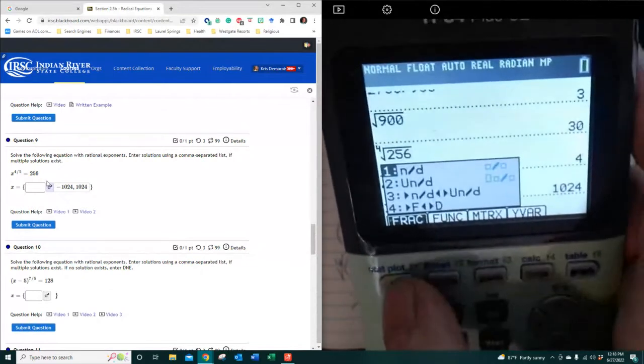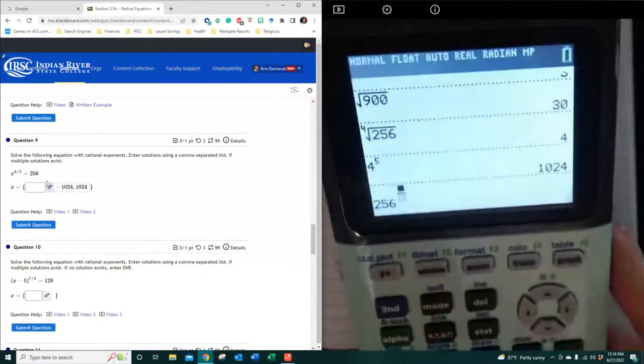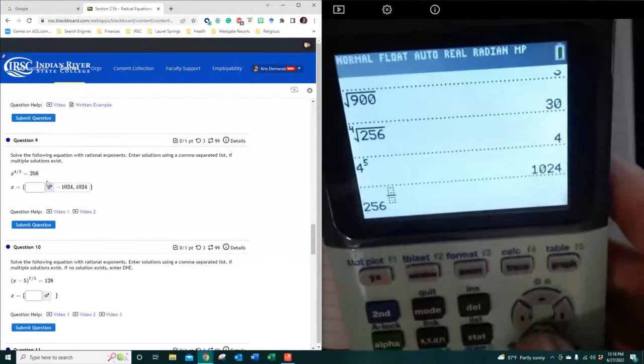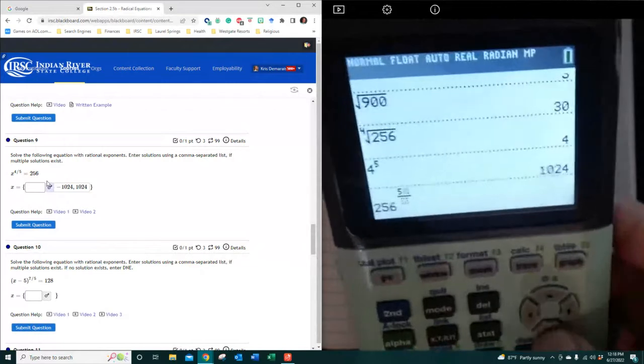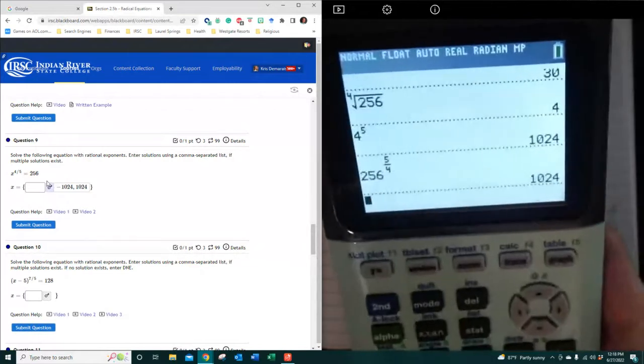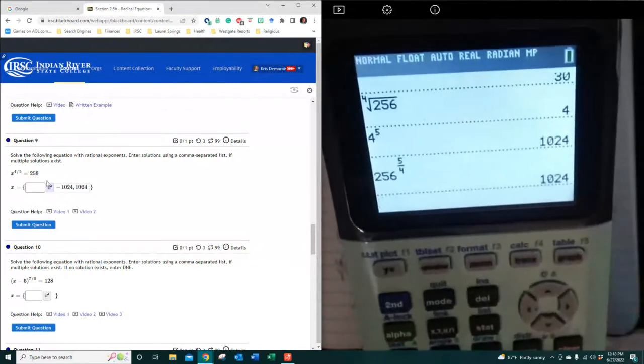Second, or alpha y equals gives us fractions. Now I do the 5/4, and that gives us our answer as well.